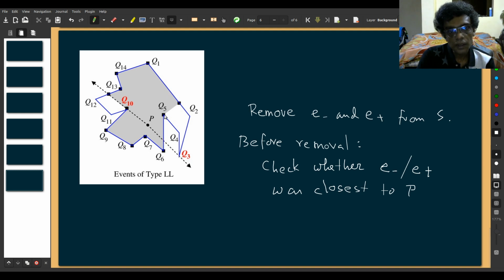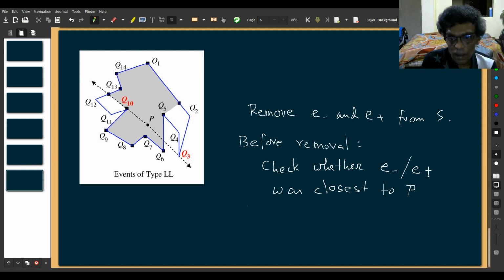The closest segment is Q5, Q6, neither Q3, Q4 nor Q2, Q3. So do nothing. Otherwise, you add this point Q10 and then after removal, check whether it was closest to P. So if not, you are done.